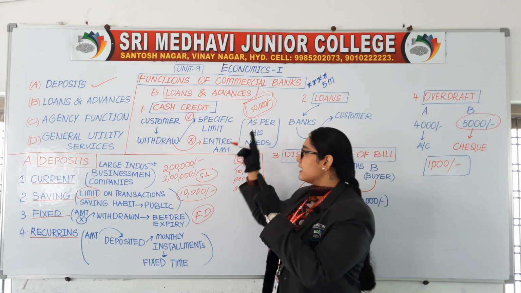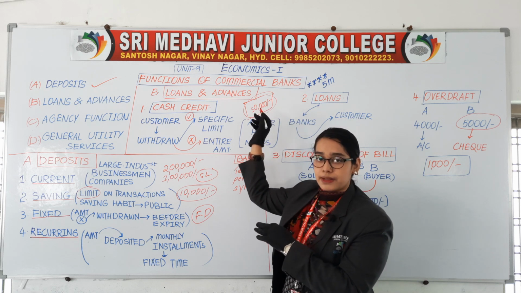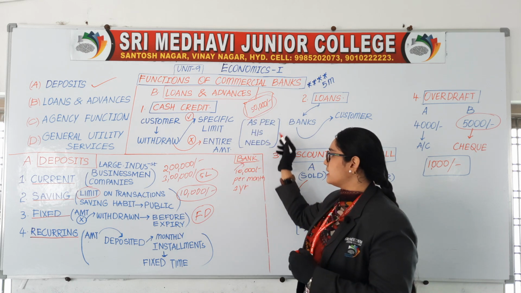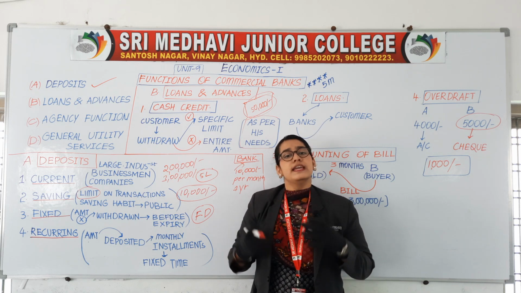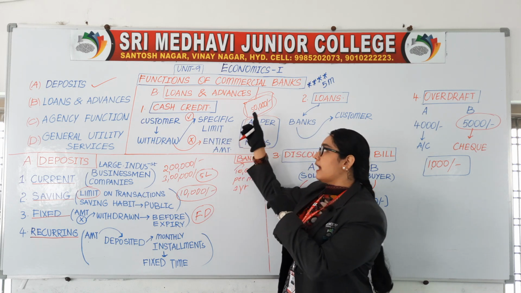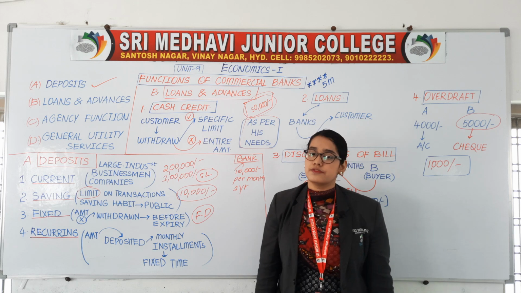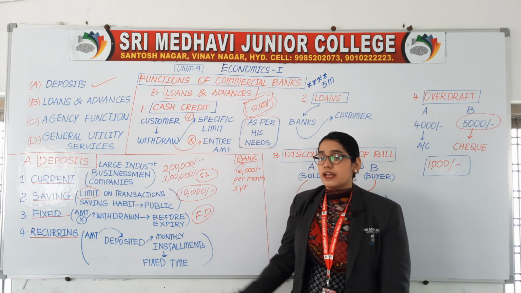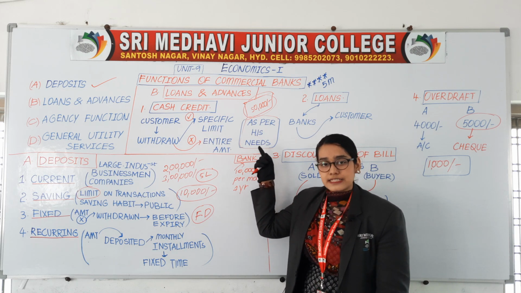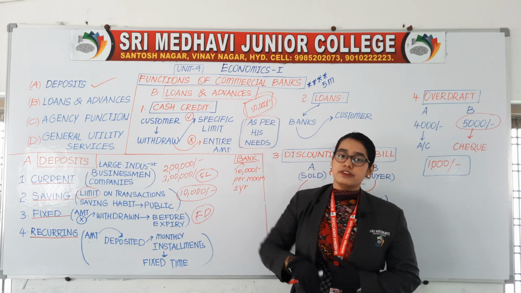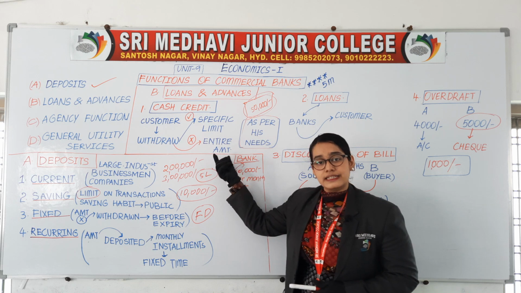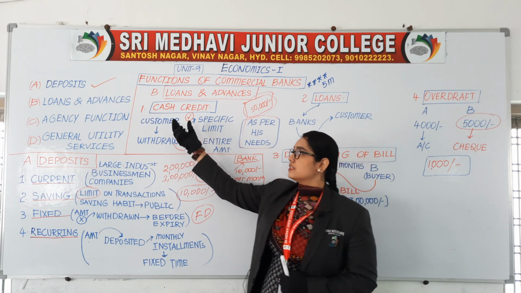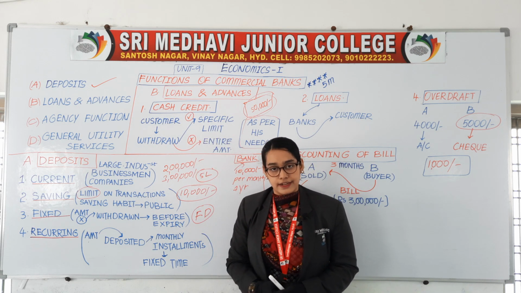As per our needs, for example if I need 8,000, then I will withdraw only 8,000 from the bank. According to our needs we can withdraw the amount, but we cannot withdraw the entire amount. This is called cash credit.